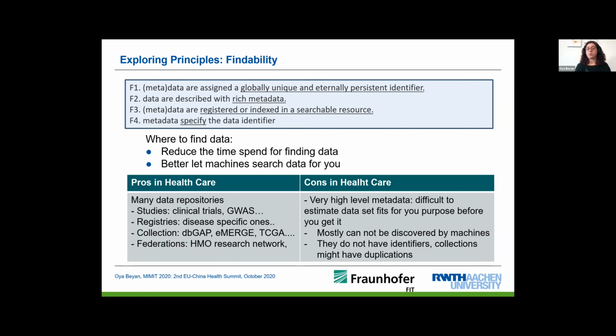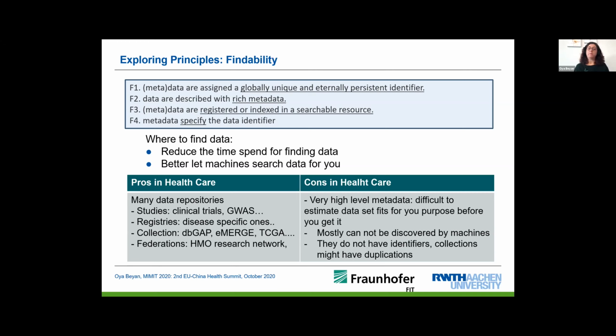The principle suggests that we should globally and uniquely identify data sets with an identifier, and we should create descriptive data, metadata, around this data, such as what the study is about and who conducted it, so that when we search for this data set, we can find it. They should be registered and indexed in searchable resources.